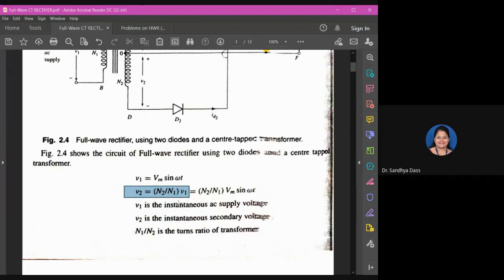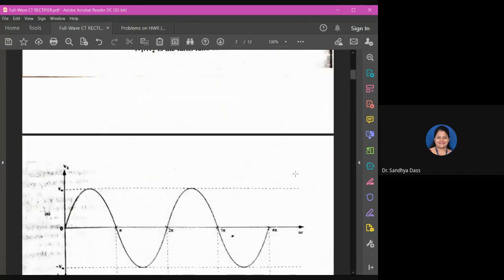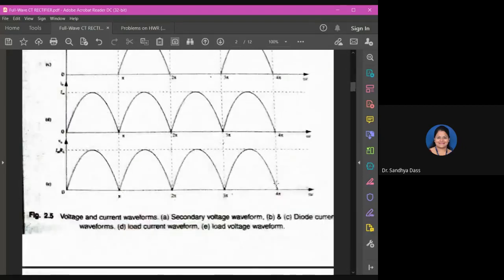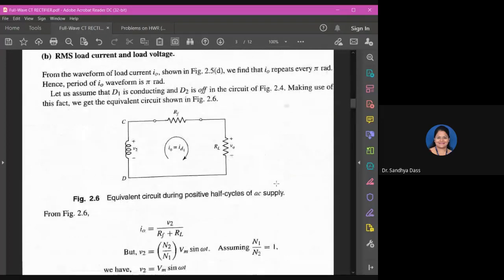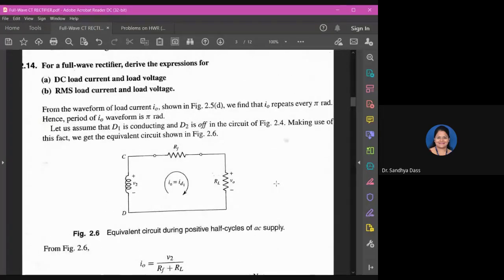Assuming this ratio N2 by N1 to be 1, and substituting V1, you have N2 by N1 into Vm sin omega t, where V1 is your instantaneous AC supply voltage and V2 is the instantaneous secondary voltage. So using those prerequisites and the assumption, we will proceed with the derivation.